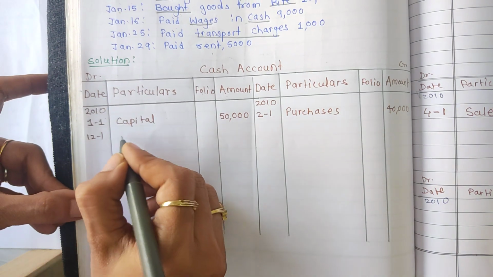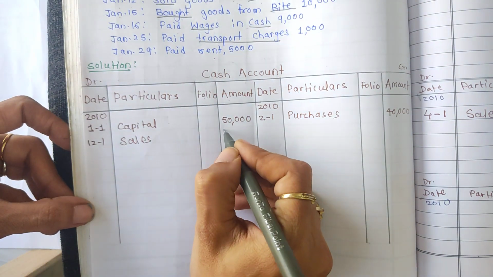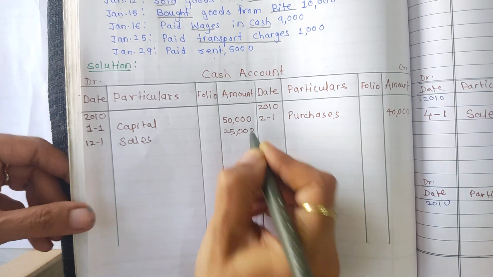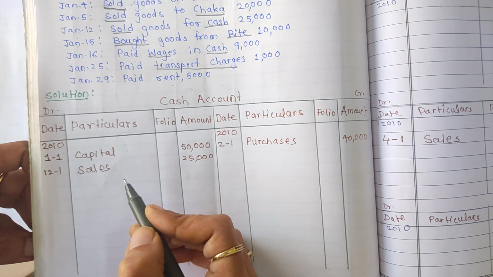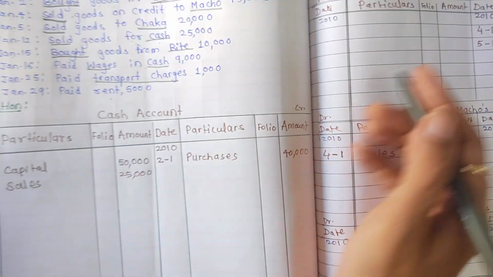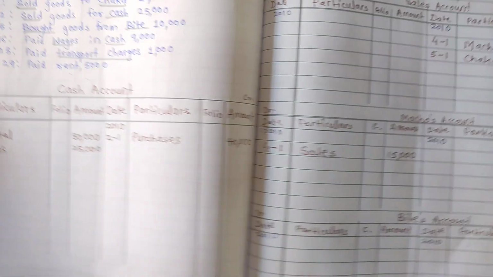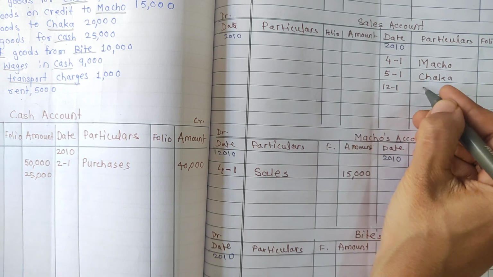So write down here sales and the amount is 25,000. And one effect will be on the debit side, so other effect will be on the credit side. So in the sales account, write down on the credit side, 12th January, here you will write down cash.